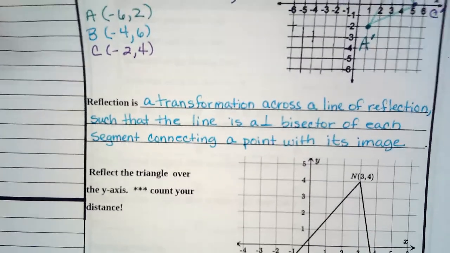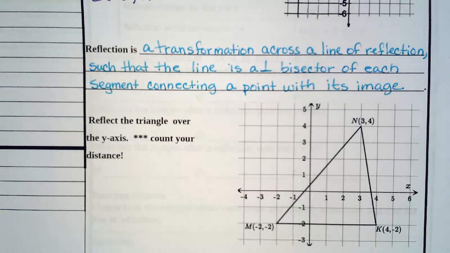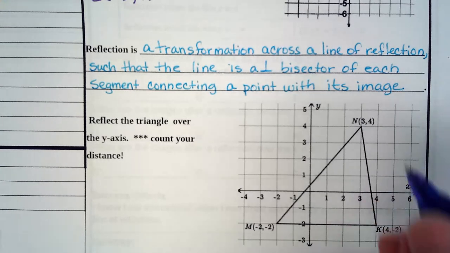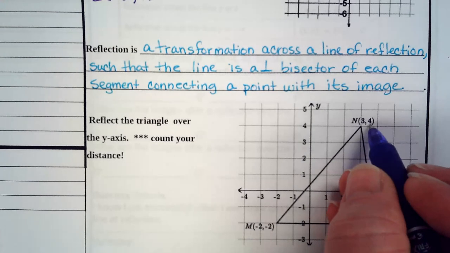Okay, so now let's start reflecting this triangle. We're going to reflect over the y-axis by simply counting the distance. Because we're reflecting over the y-axis, it will not go up or down. It simply goes right and left. So if I'm looking at N, it is the point 3, 4.